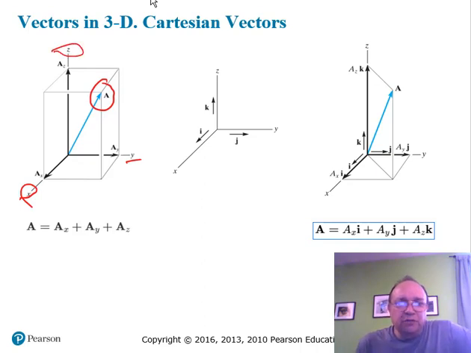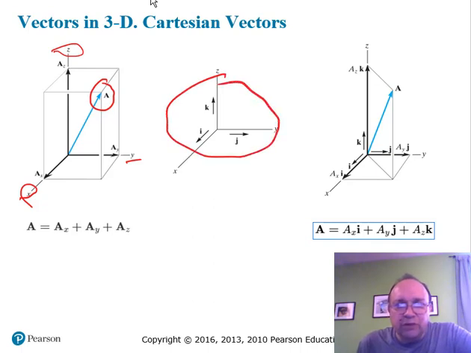So the idea is to get the decomposition of the vectors into rectangular components according to these three axes, x, y, z. And in order to work in an organized way in 3D, the concept of unit vectors is very important. We already talked about vector i in the direction of x, vector j in the direction of y, vector k in the direction of z.